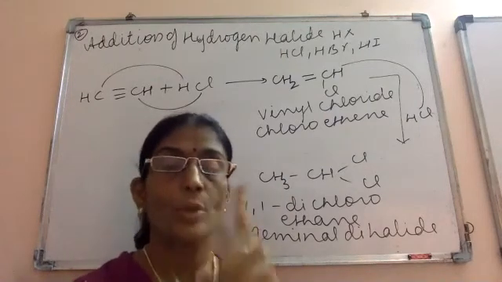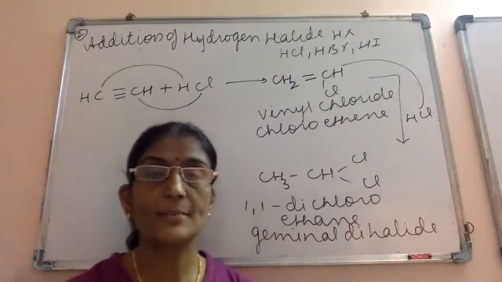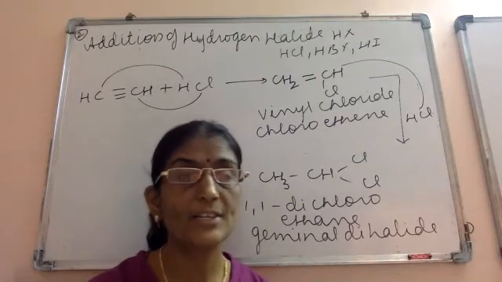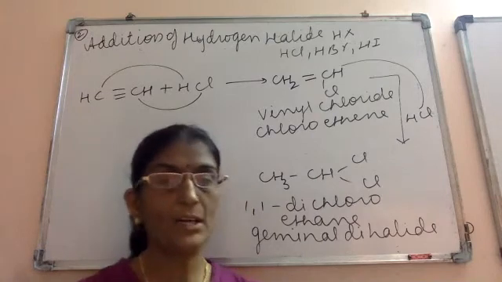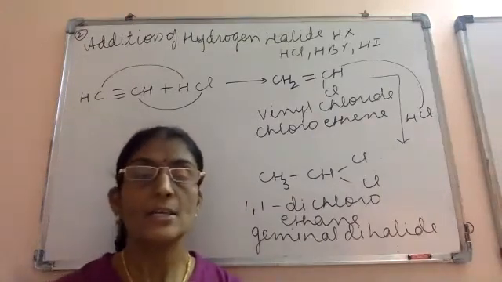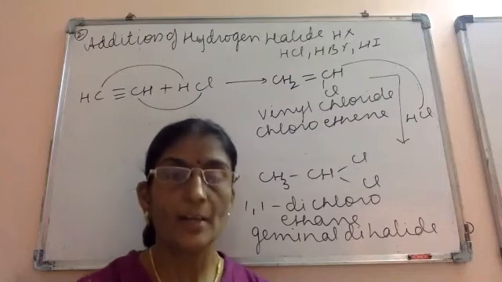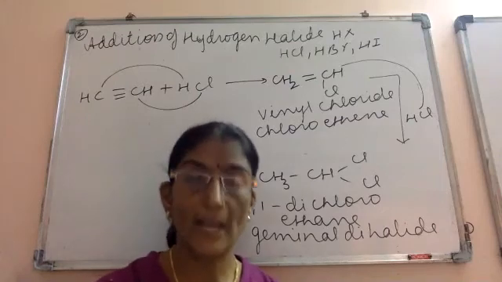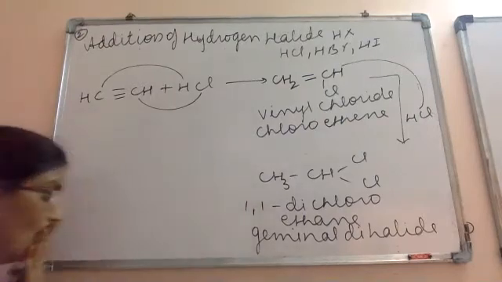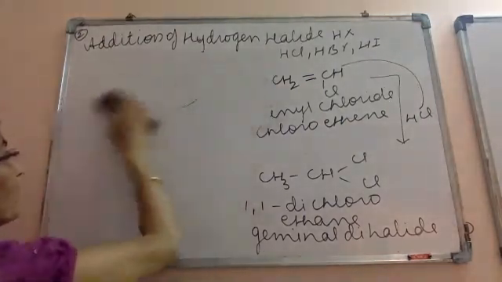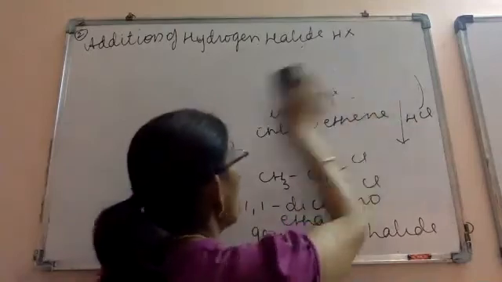And if two halogen atoms are attached to two neighboring carbon atoms, it is known as vicinal dihalide. So this is geminal dihalide. Always geminal dihalide will be obtained when addition of hydrogen halide takes place. Okay. See one more example. Addition of HBr on propyne.